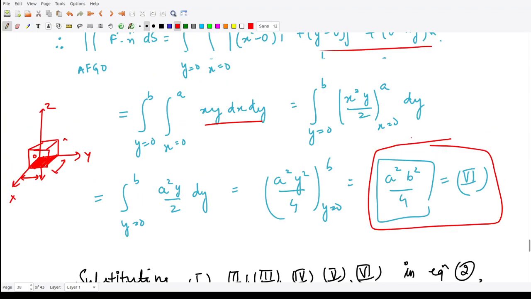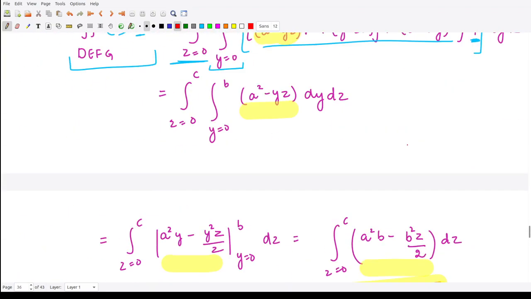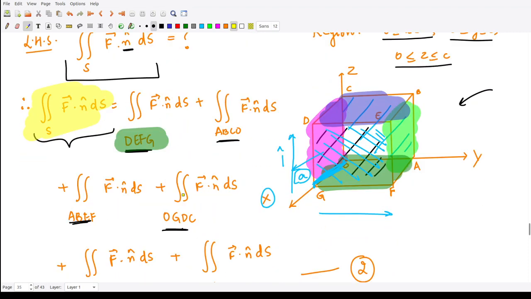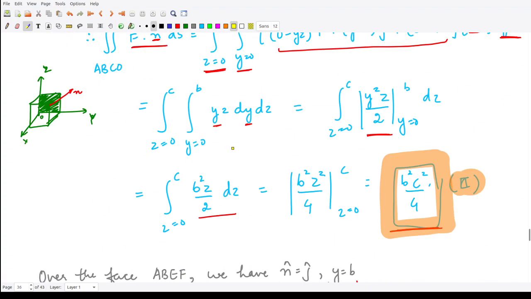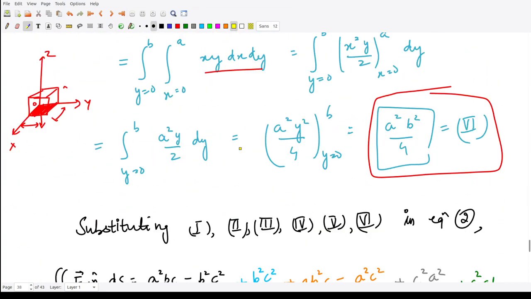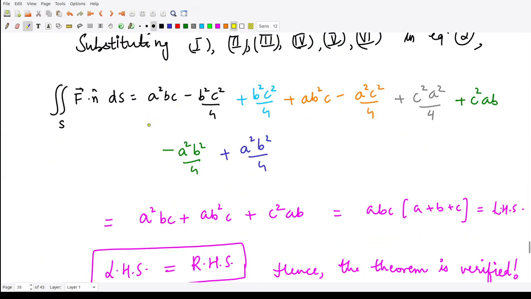So now we started with this quantity here. We wanted to calculate the surface integral, this one. For that we divided it into the 6 portions, and we have individually calculated all these 6 portions. So let us substitute each of the values in this equation. So finally we have the value, this is for the first portion, this is for second, for third, for fourth, for fifth, and for sixth, right?